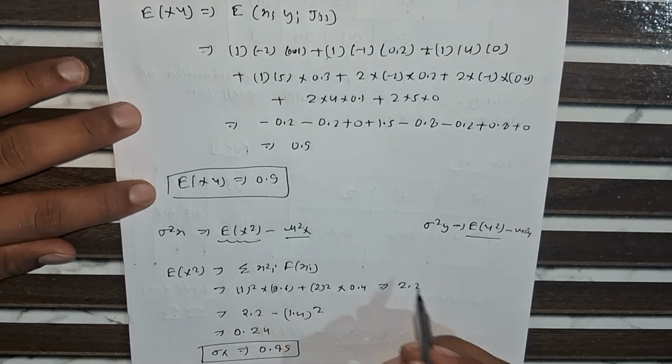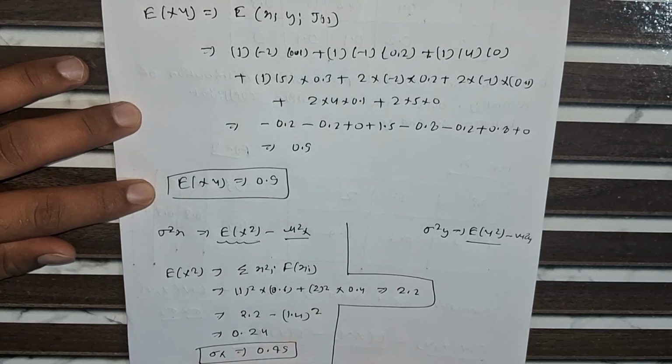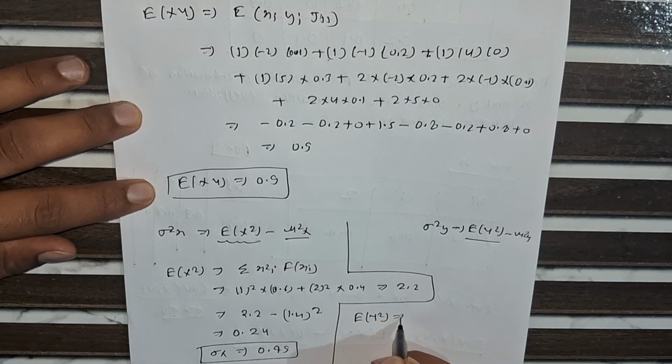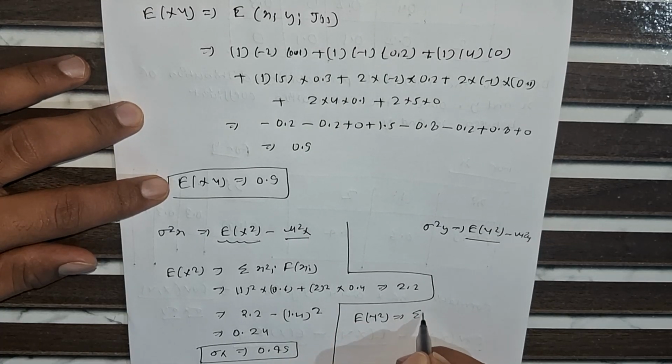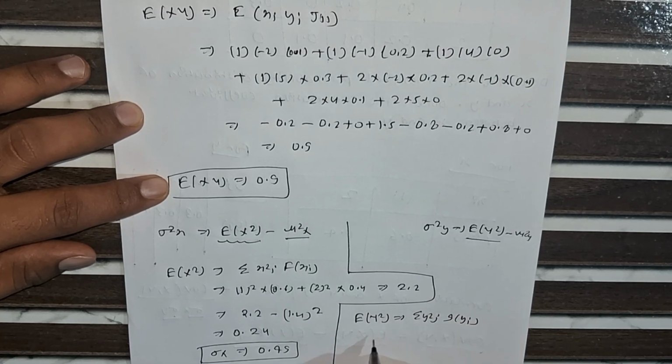So first we find expectation of y square, which is summation of yj square into g of yj.